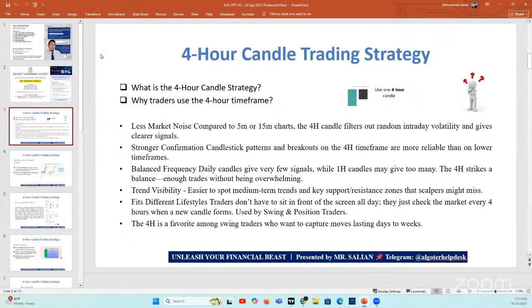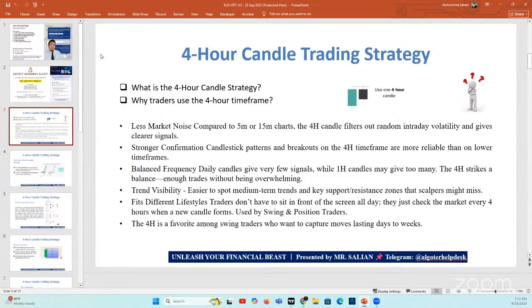Stronger confirmation: candlestick patterns and breakouts on the H4 time frame are more reliable than on lower time frames. Balance frequency: daily candles give very few signals, while H1 candles may give too many. So the H4 strikes a balance, enough trades without being overwhelming.